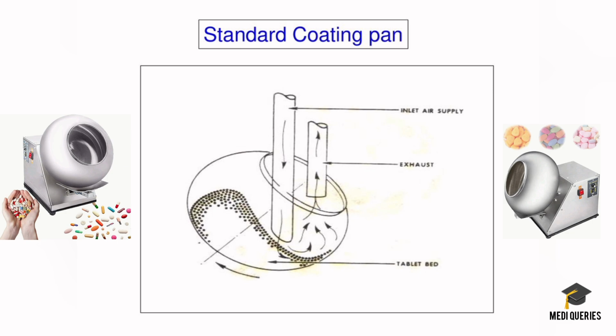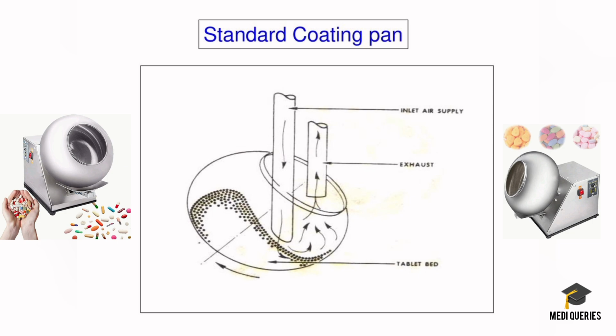So after the application of the coating material, after a certain amount of coating is done, then we will provide the air, that is, a hot air blower is there. Through the inlet of the hot air we will allow the hot air into the preparation pan. While the hot air surrounds the tablets, drying can be achieved simply by the evaporation of the solvents from the preparation.